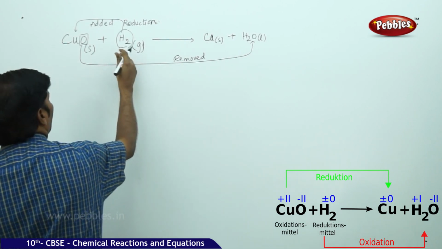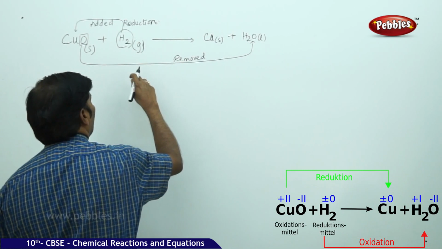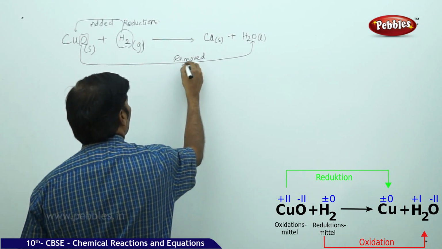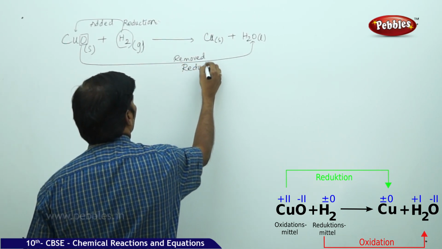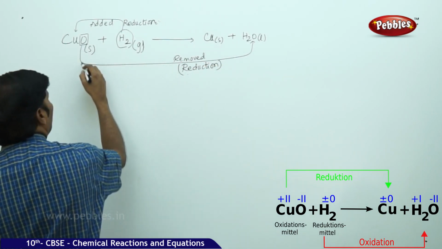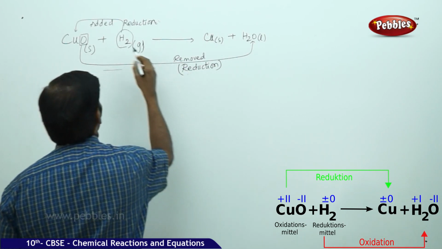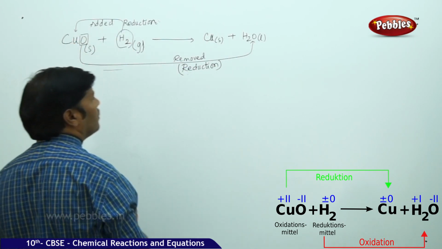And here oxygen is being removed. When oxygen is being removed, you find that this is also reduction. That's because removal of oxygen is reduction, and addition of hydrogen is also reduction.